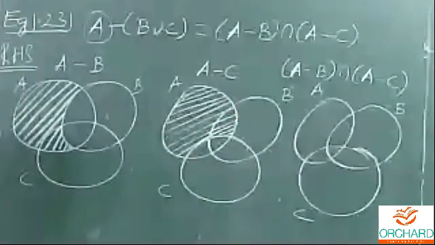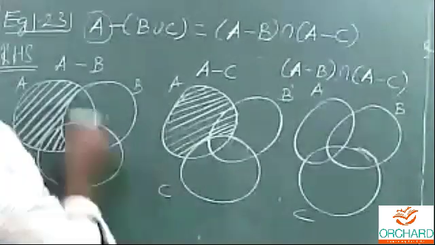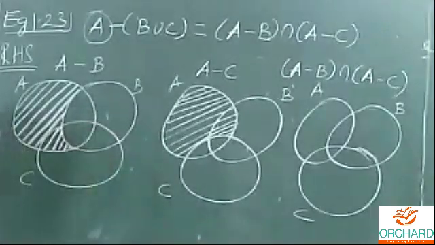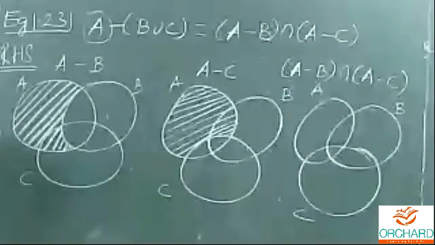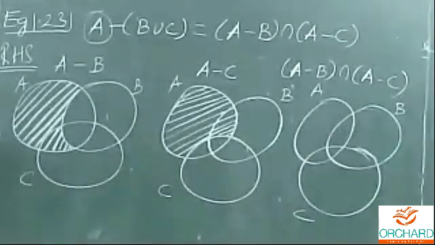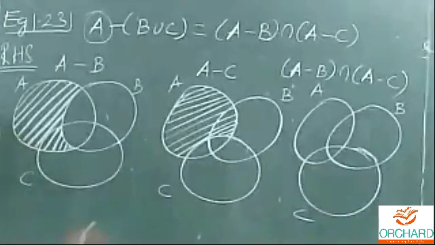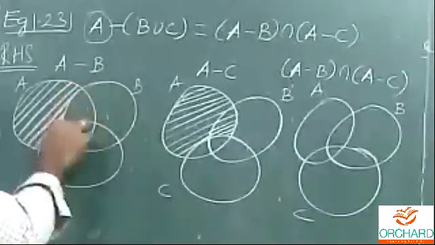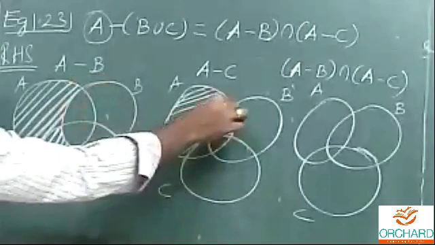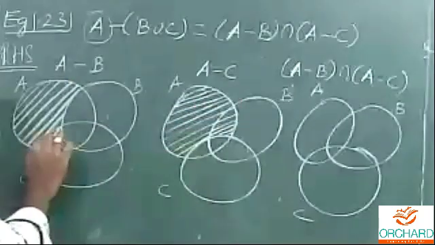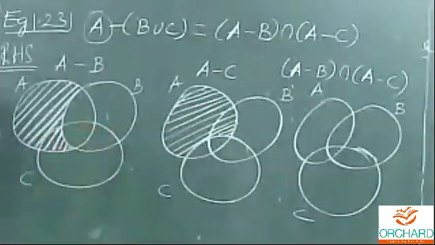Now the intersection, A difference B intersection A difference C. What is the common portion for these two diagrams? Listen carefully. This portion is not shaded, but here this portion is shaded. But here this portion is not shaded. That's why, what's the common part?